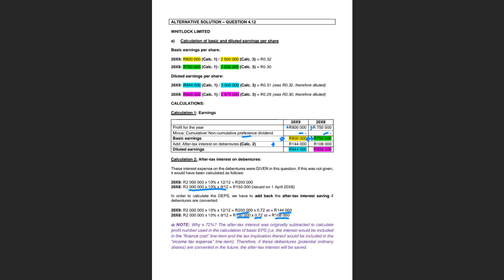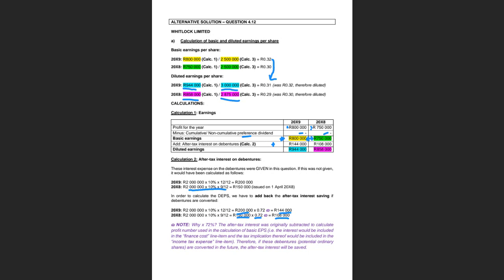So now let's have a look at what that looks like in our actual calculation. We are going to copy those amounts as they were, and we say dilutive earnings divided by diluted WANOS. Again, diluted earnings in the prior year divided by diluted WANOS in the prior year, and we calculate our amounts. So if we have a look at the effect, there was a dilutive effect.